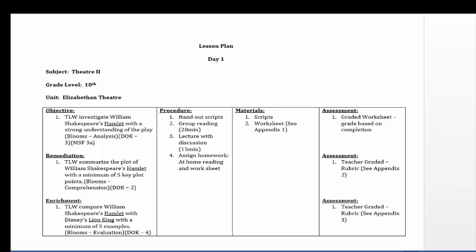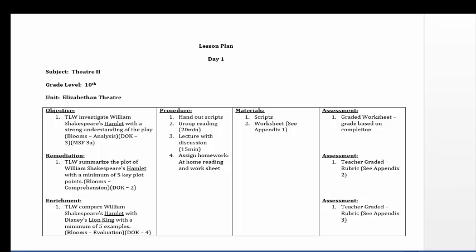You need to have separate procedures. So for example, handout scripts. Scripts for what? What are these scripts? You got materials for that? Group reading, okay, it says material scripts. All right, group reading, 20 minutes. So this is a 50-minute class, and all I've got documented is 35 minutes. So the procedures here are clearly lacking.